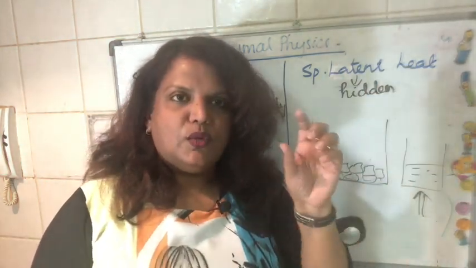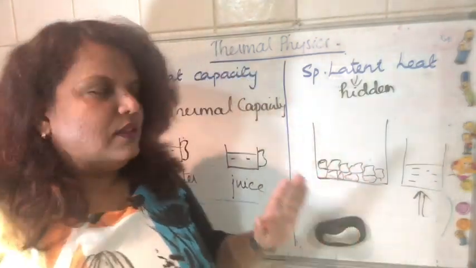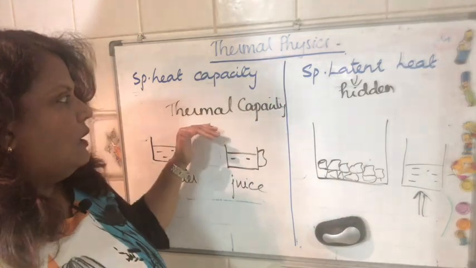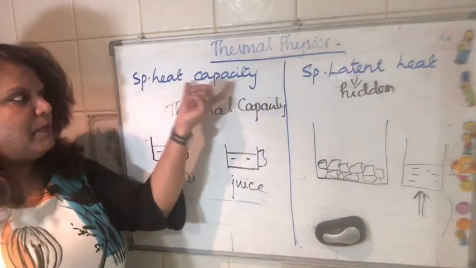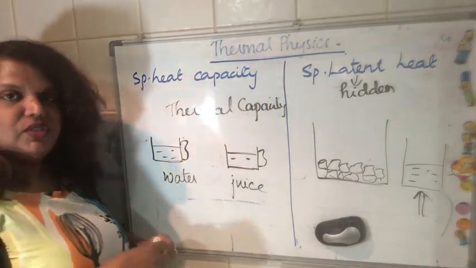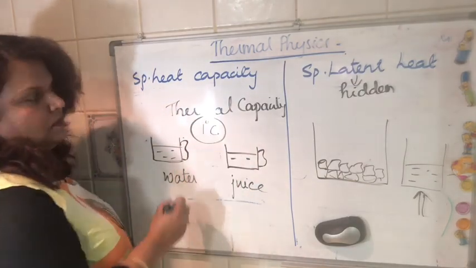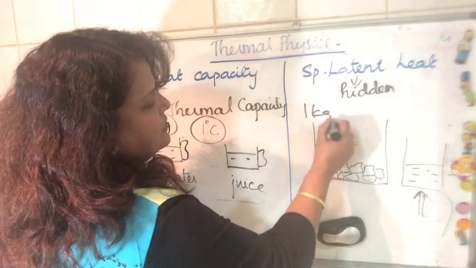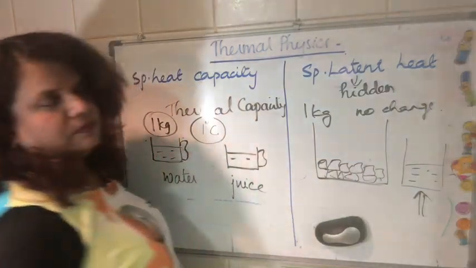You just have to change those two terms to liquid to gas. Have you understood the differences in terms of definitions, and how is this different from specific heat capacity? Specific heat capacity is for a change in temperature of 1 degree Celsius for 1 kg of substance. Here it is 1 kg of substance, no change in temperature but a change in state.